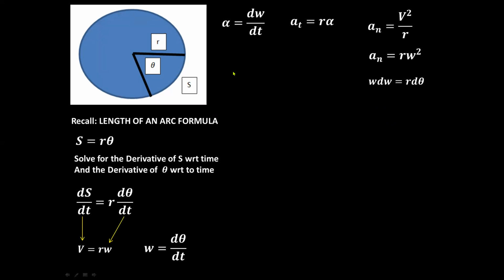And then W dW is equals to R d theta, followed by, okay, recall muna natin yung ating tinatawag na rectilinear motion. Kung naalala ninyo sa P6, tinuruan ko kayo about rectilinear motion, yung mga nag-under sa akin sa P6 years ago. Meron tayong three kinematic equations sa rectilinear motion.